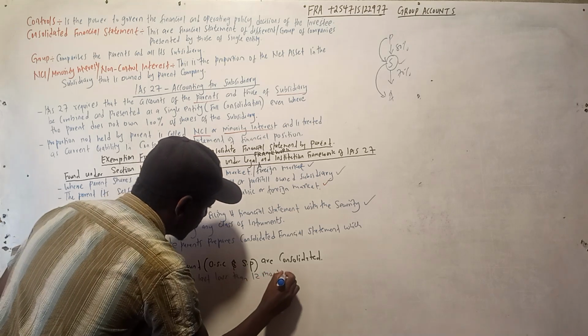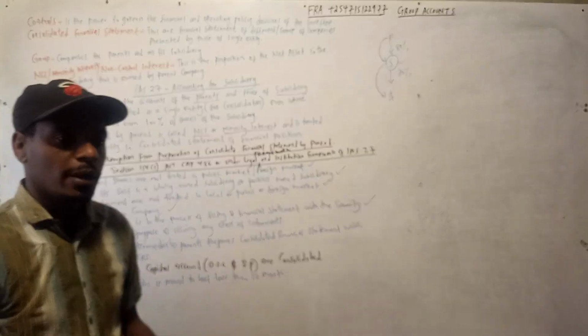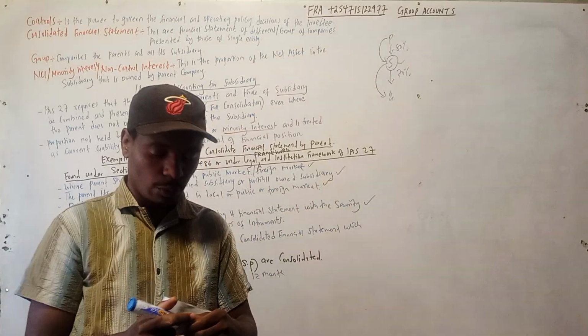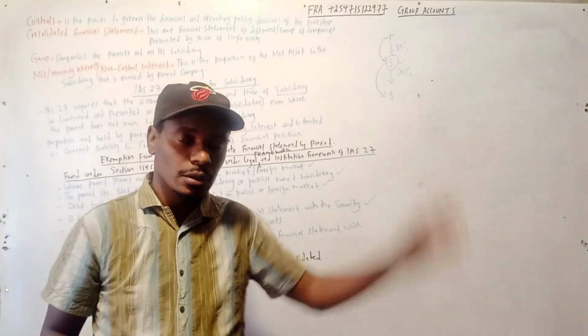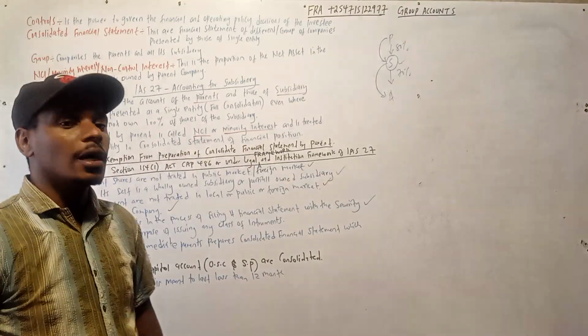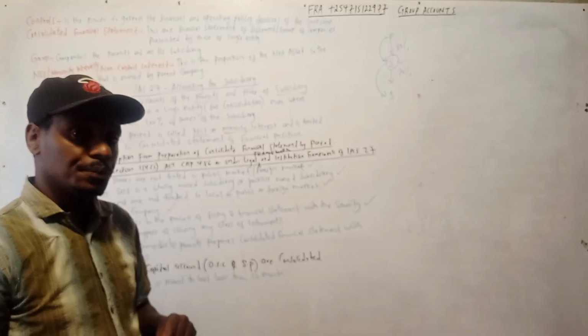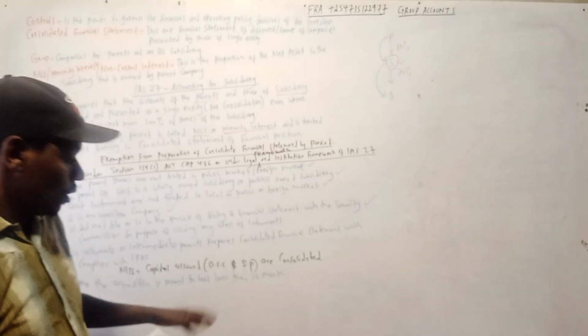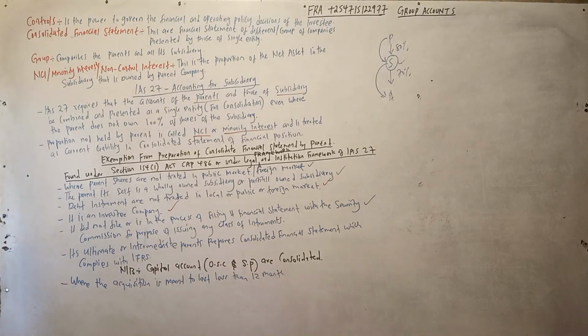So in that case, this subsidiary is acquired today, but it will not be there in the next year. After 1 year, it will not be there. Then it is not a requirement to prepare the consolidated statement of that company.